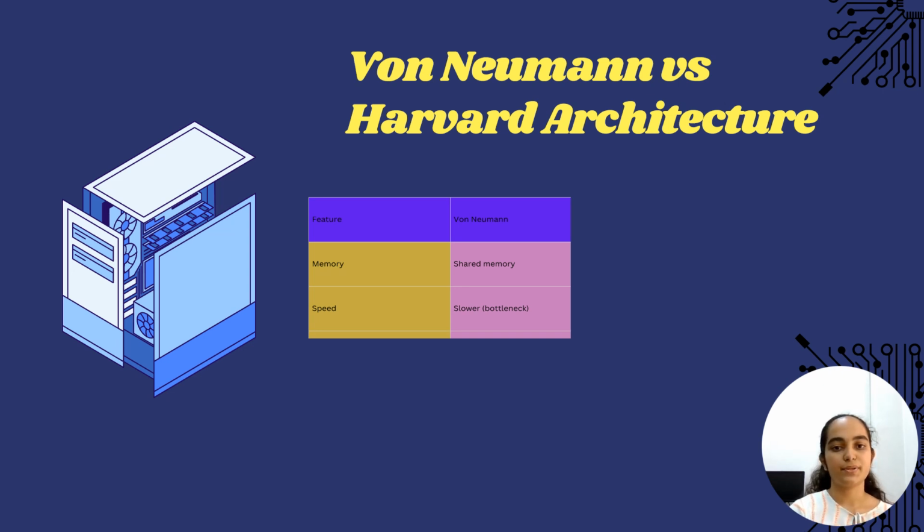It's often used in microcontrollers, DSP processors, and embedded systems. Von Neumann is simpler and common in general-purpose computers, while Harvard is used where speed and efficiency are critical.